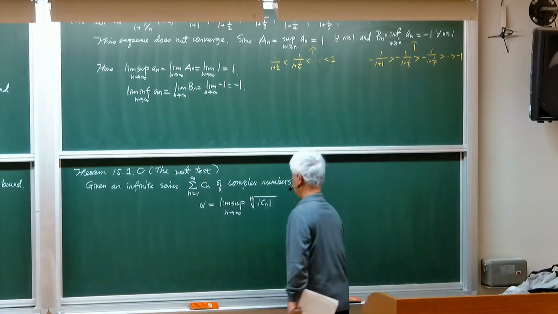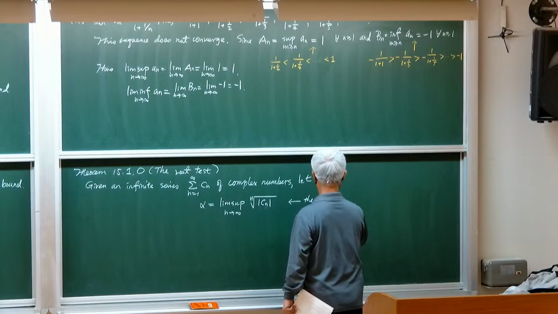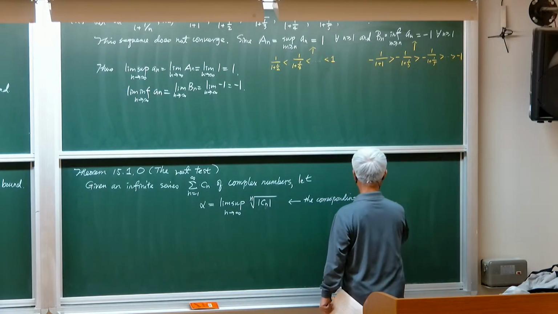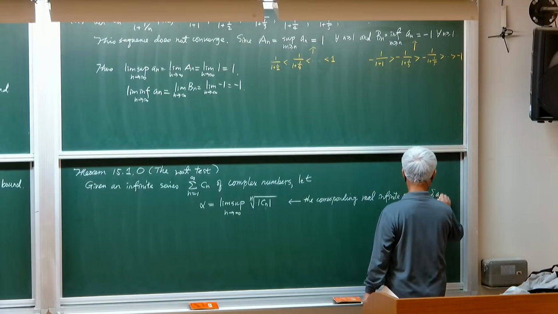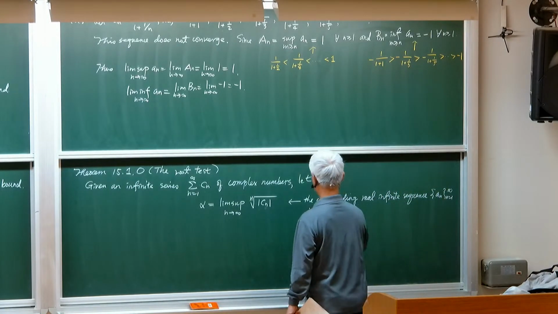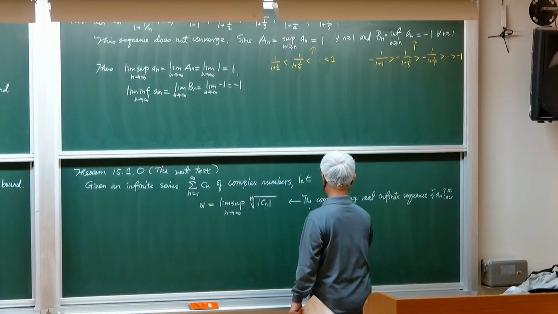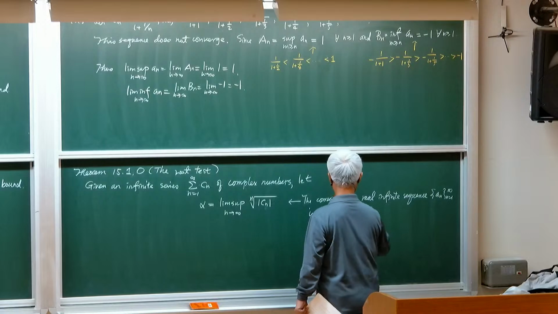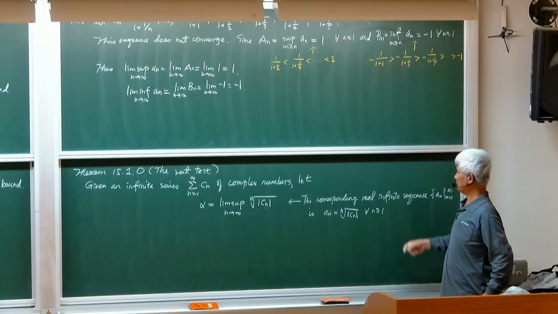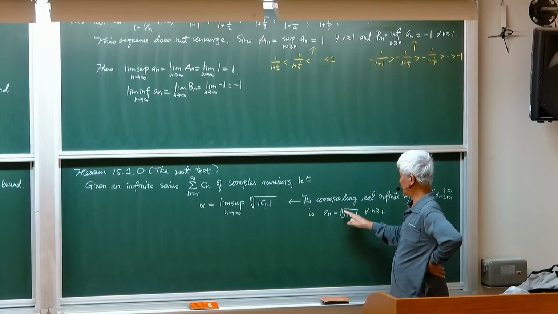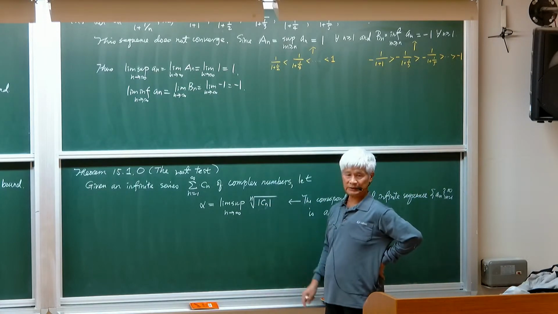So here there's the corresponding real infinite sequence An, where the nth term An is equal to the nth root of the absolute value of Cn.